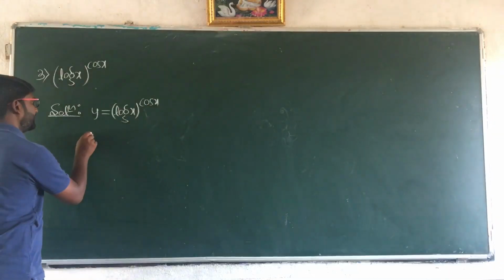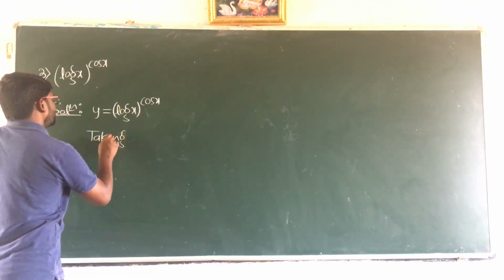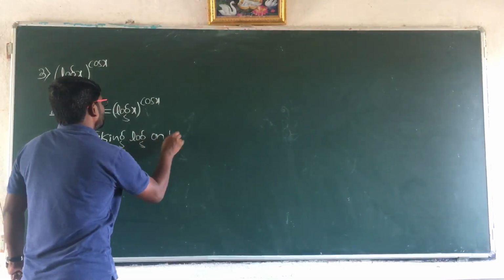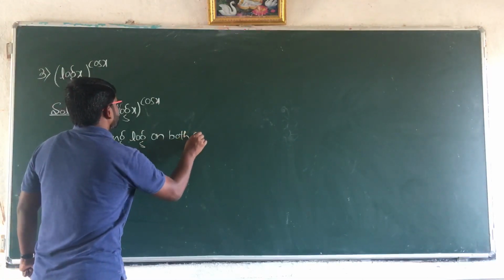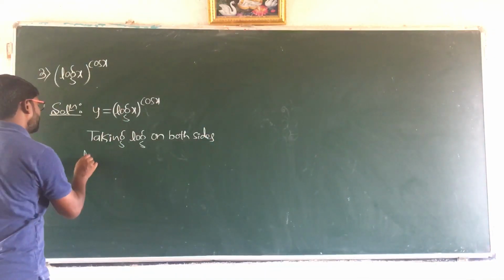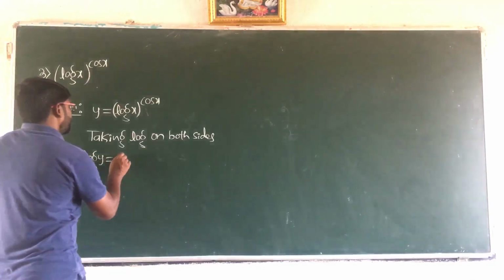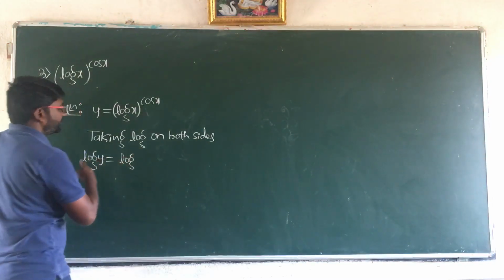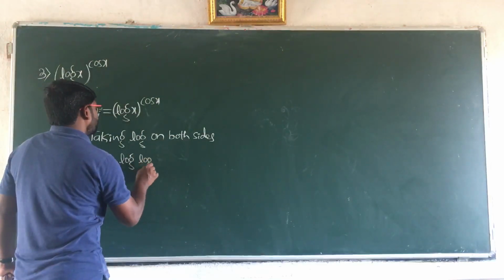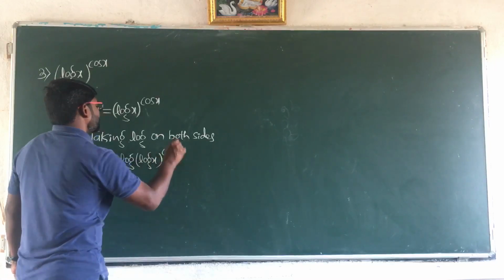Now taking log on both sides, this becomes log y, which is equal to log, write this term as it is, log x to the power cos x.